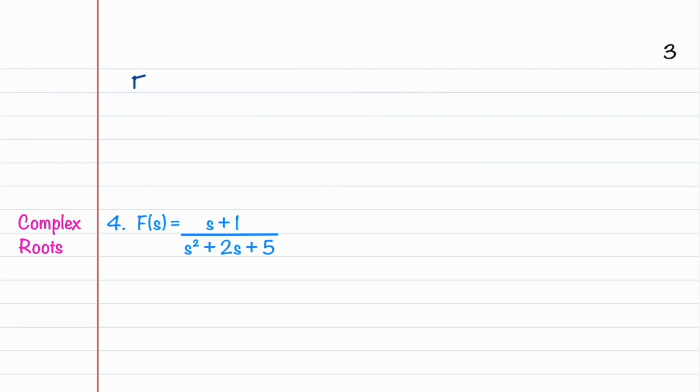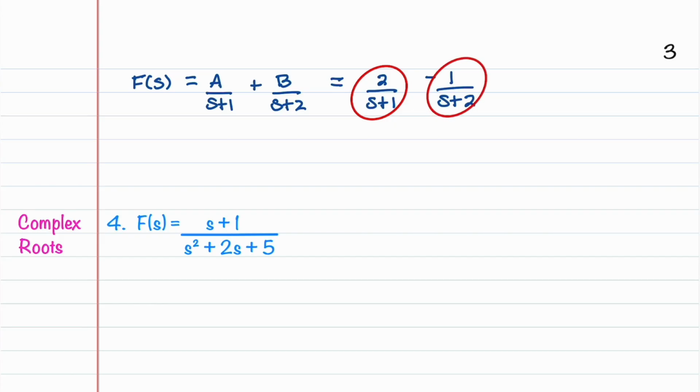We had F(s) is equal to A divided by (s + 1) plus B divided by (s + 2), and this is now equal to 2 over (s + 1) minus 1 all over (s + 2). Let's now look at these expressions and go back to our table and see what we can see that might match up with this.